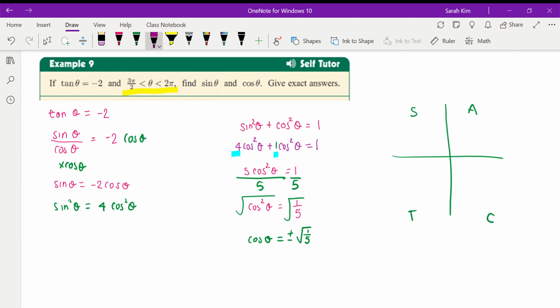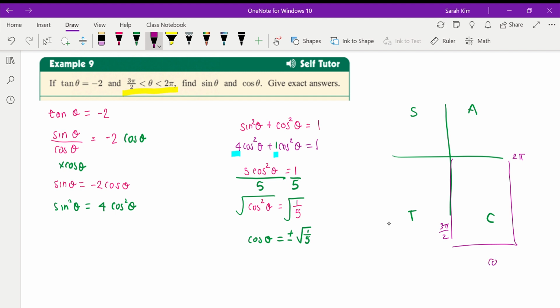So that's 3 pi over 2 and 2 pi, so which quadrant is it? It's going to be this quadrant, because that's 3 pi over 2 and that's 2 pi. So this is what we're working with.